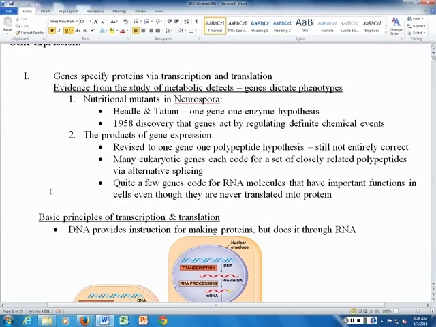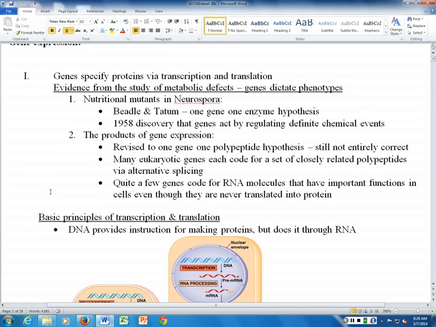You can have one gene and different variations of how you take the pieces of that gene lead to different proteins. A lot of genes are actually just going to code for RNA molecules that never go beyond that. Their job is to become an RNA molecule, and they have different functions as RNA where they can act like enzymes.